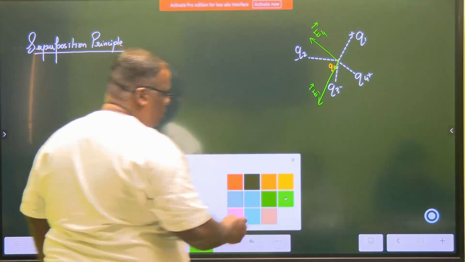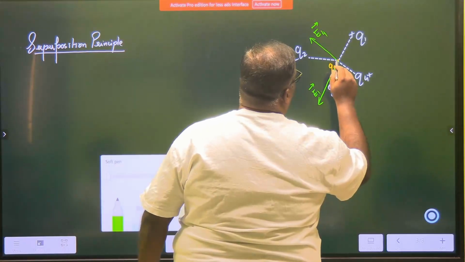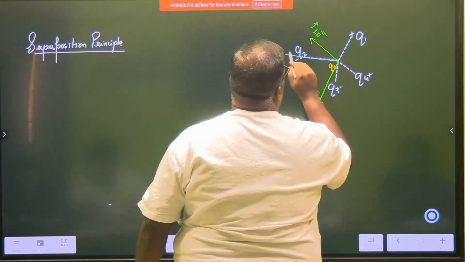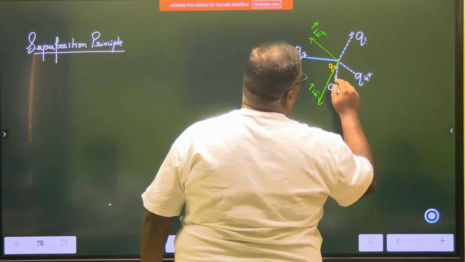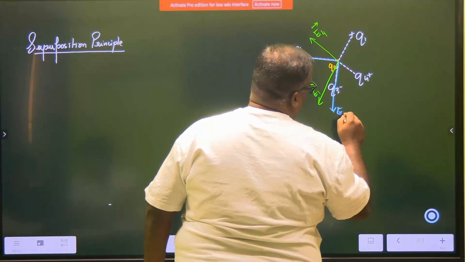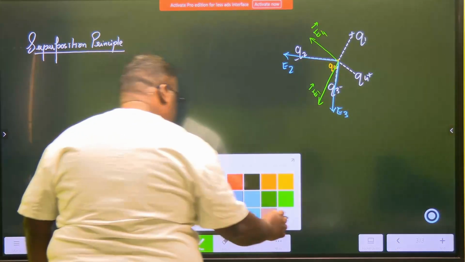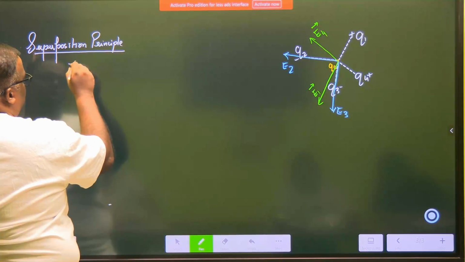After this, I take my negative ones. So I would find that there will be an attractive force, giving E2 on this side. And similarly, there will also be an attractive force, E3, on this side. Is this understood? So the net electric field E, what is E?